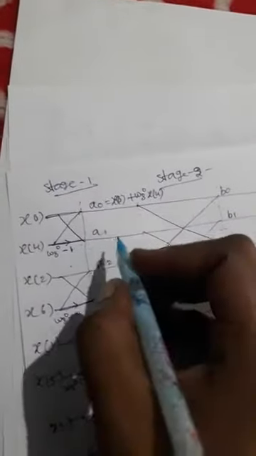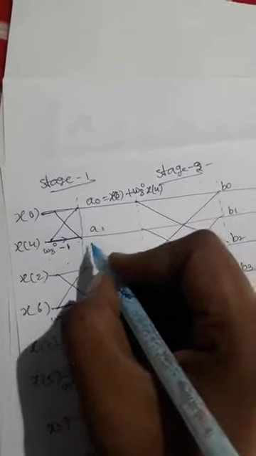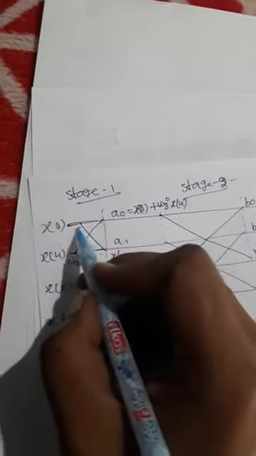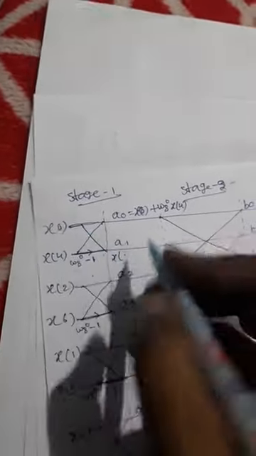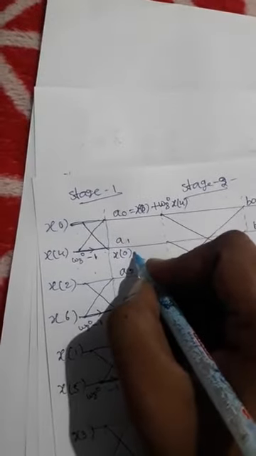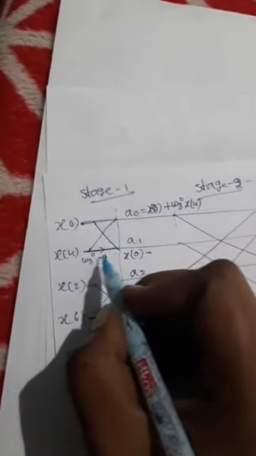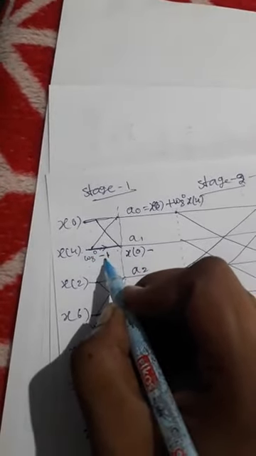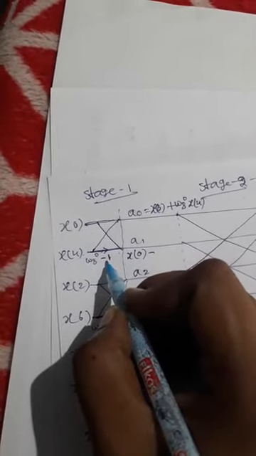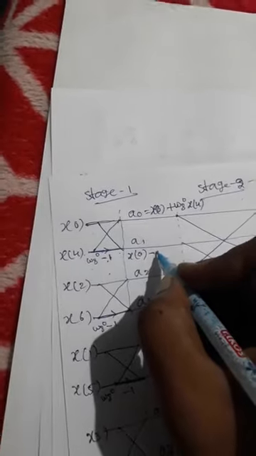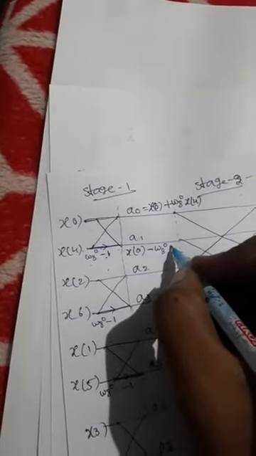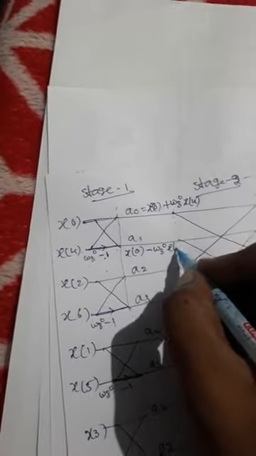Okay, and next A1 is x of 0 minus, here the value comes to the x of 4 value comes to the minus 1, here minus 1 is there, that's why minus W8 to the power of 0, x of 4.